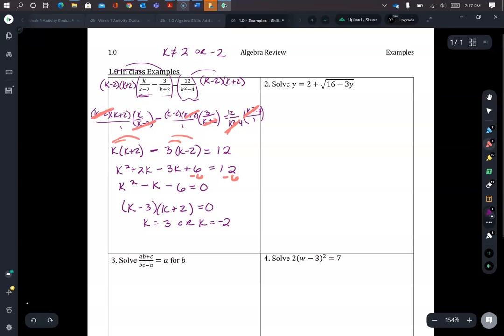So right there, my negative 2 is what we call extraneous. I'm going to cross that one out, and I'm going to choose k equals 3 as my answer.